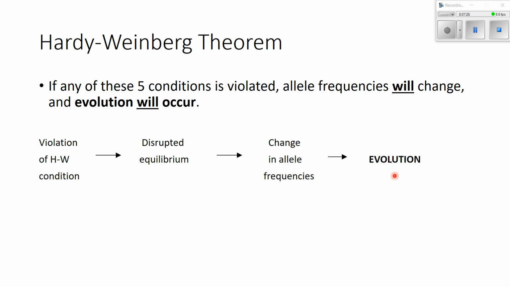We talked about this in the previous lesson, in lesson 3A, that evolution can be defined as any change in allele frequencies from one generation to the next. If P and Q values are changing, then evolution is occurring.